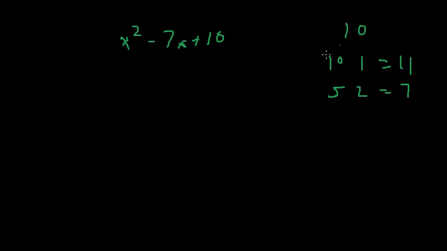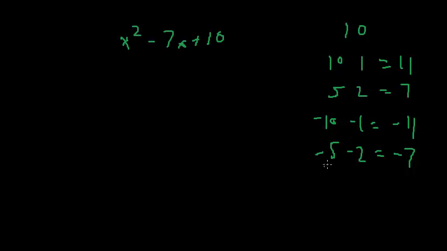What we can consider then is negative 10 times a negative 1 gives me a positive 10, and when I add them it gives me a negative 11. Negative 5 times a negative 2 gives me a positive 10, and they add up to give me a negative 7. So if my positive factors don't work, I can consider the negative factors.